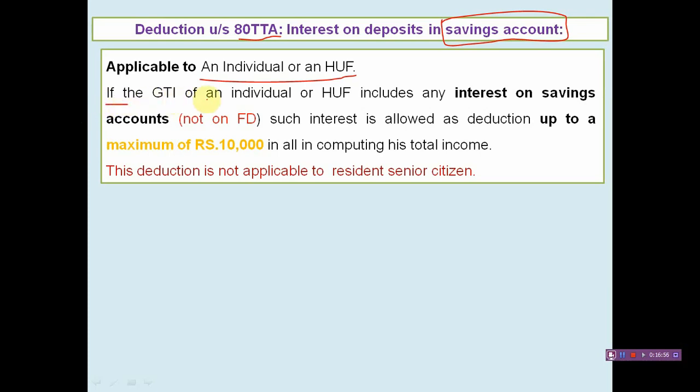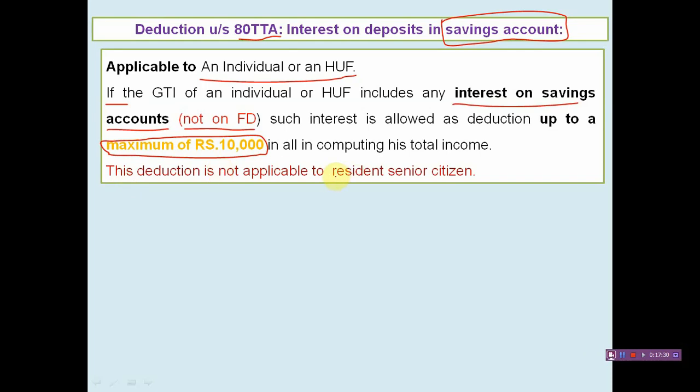So if the gross total income of an individual or Hindu undivided family includes interest on savings accounts or SB account, not on fixed deposit, keep in mind, okay, then such interest is allowed as a deduction under this section up to rupees 10,000. The maximum amount of deduction in total is rupees 10,000.